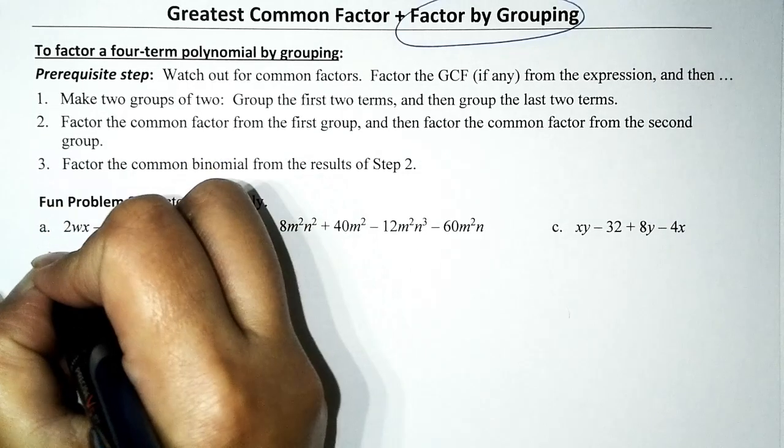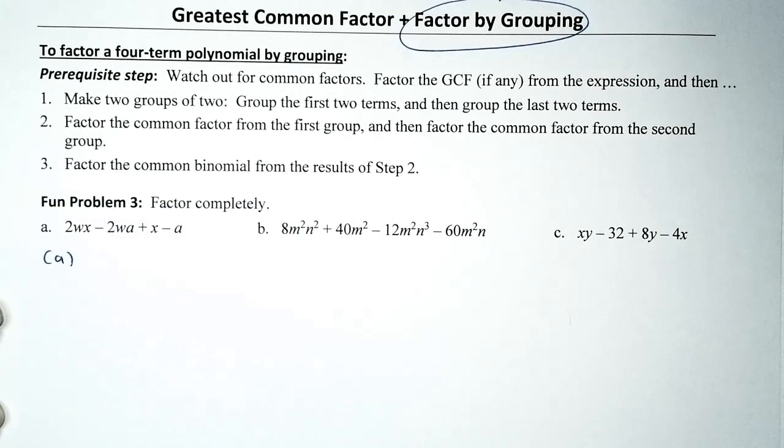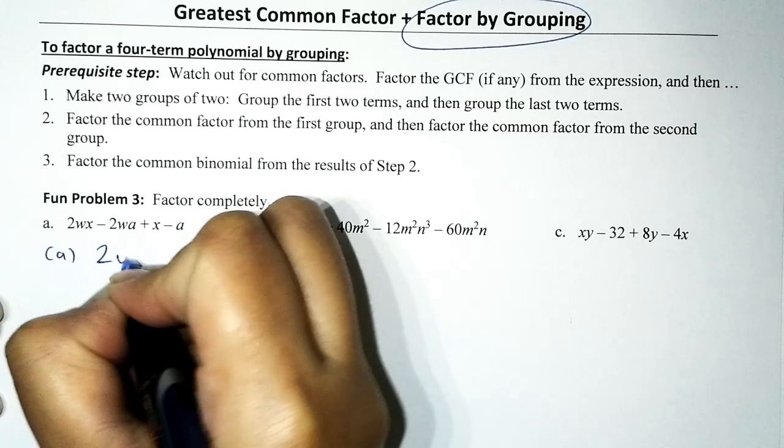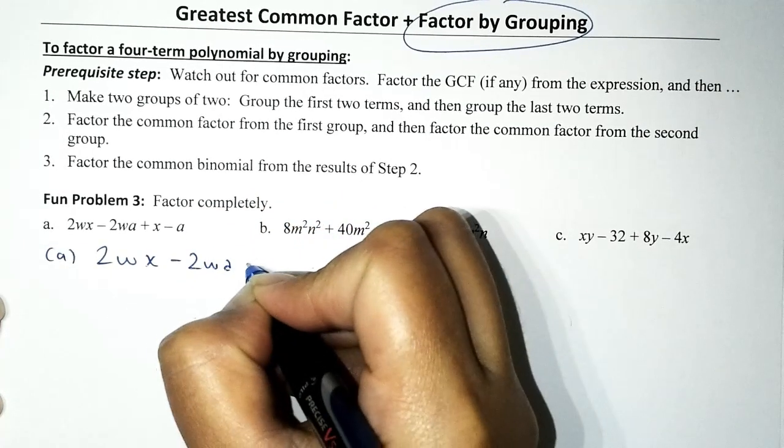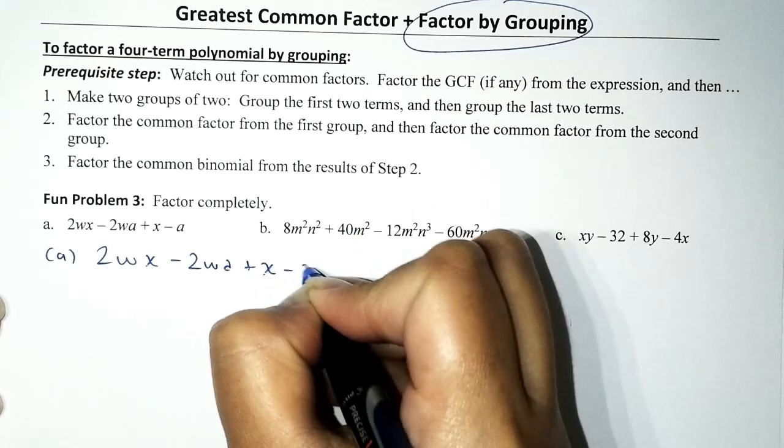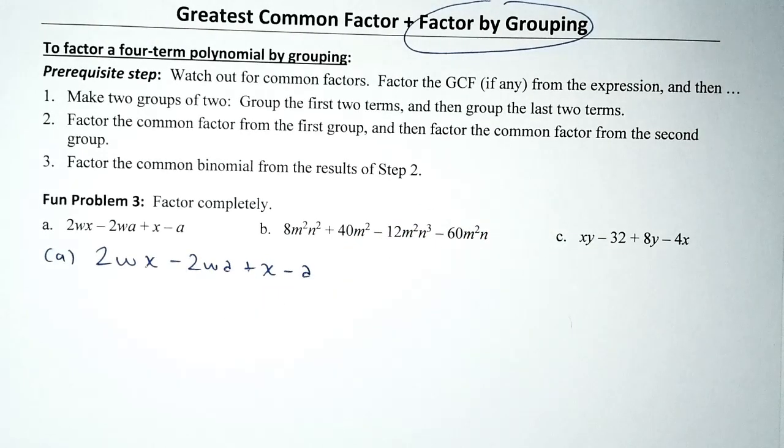Okay. So problem A, we have 2wx minus 2wa plus x minus a. Okay, so the question that I'm going to ask myself is this: okay, what strategy are we going to use to factor?